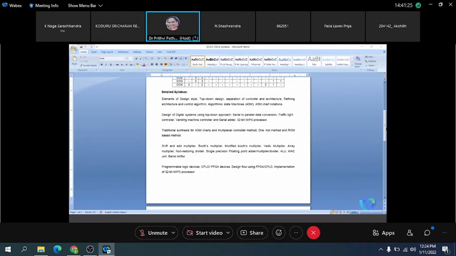Controller is the controlling segment, that means sequenced signals. The portion that defines the signals to be generated is your controller, and that controller is nothing but your state machine. ASM stands for algorithmic state machine.